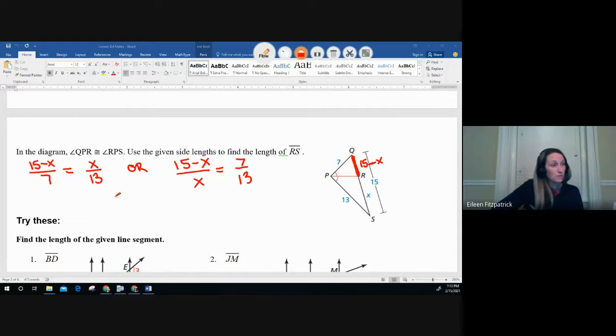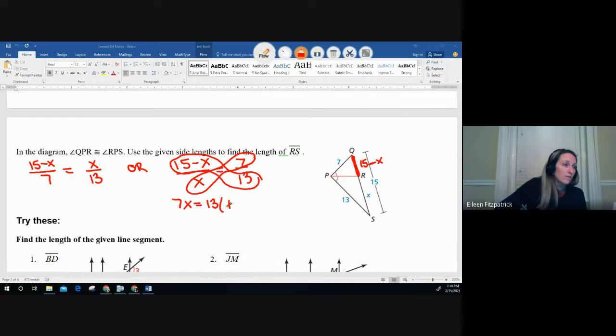I did both of them in my notes, so I'll just go ahead and solve this one. You'll get the same answer either way, because you get the same cross products when you multiply across. So I have 7x is equal to 13 times the quantity 15 minus x. All right, so 15 times 13 is 195 minus 13x when you multiply by 13.